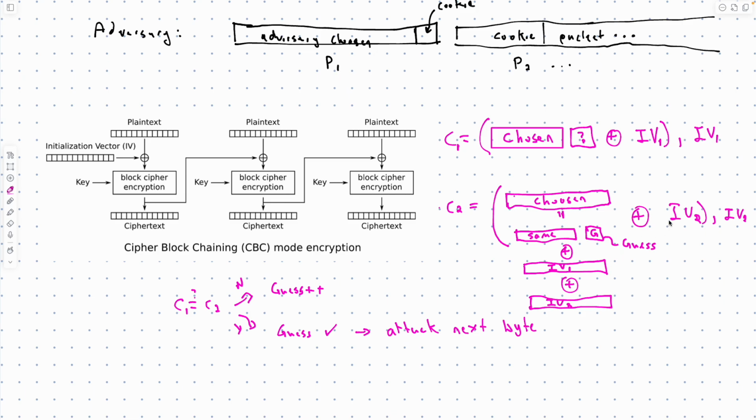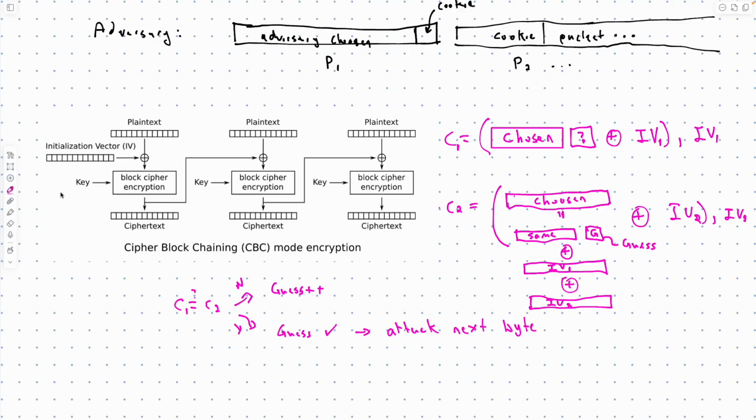Now my question is, I'm XORing by IV2 here, and then the browser is going to take it and XOR it by IV2 again. What happens if you XOR something by the same value twice? It cancels out. Okay, it gives you 0. So if you have some value X and you XOR it by A and then you XOR it by A again, it's like you didn't XOR it by A at all. They just cancel each other out.